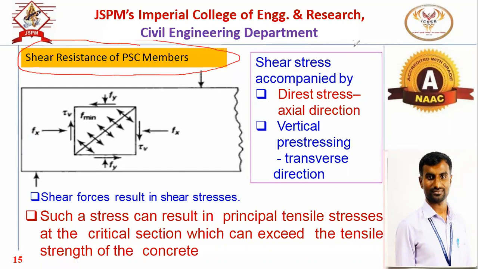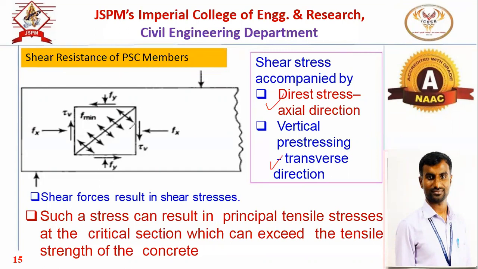Up till now we have discussed the moment of resistance. That moment of resistance is nothing but the flexural strength. Moment of resistance deals with flexural strength determination. Now we will study the shear resistance of the PSC member. We know that shear stress is developed in the section. It is accompanied by the axial stress as well as vertical pre-stressing in the transverse direction.